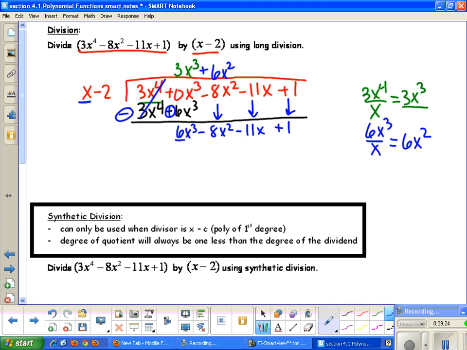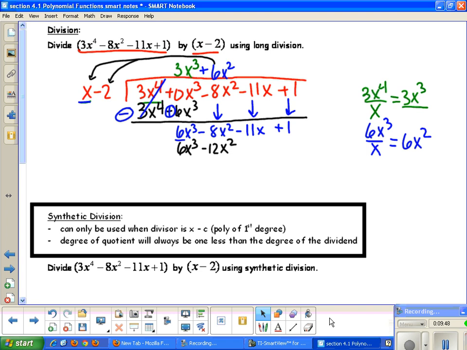And then I do my next step, which is multiply. I take this 6x squared and multiply it by this term here, and then by this term. So 6x squared times x gives me 6x cubed, which we did on purpose to match it up. And 6x squared times negative 2 gives me negative 12x squared.